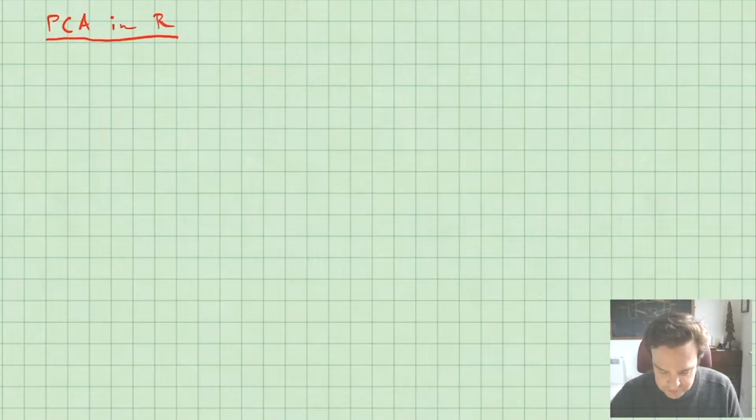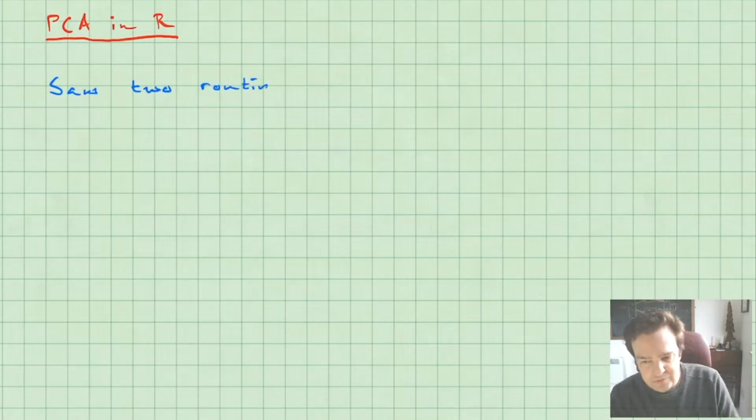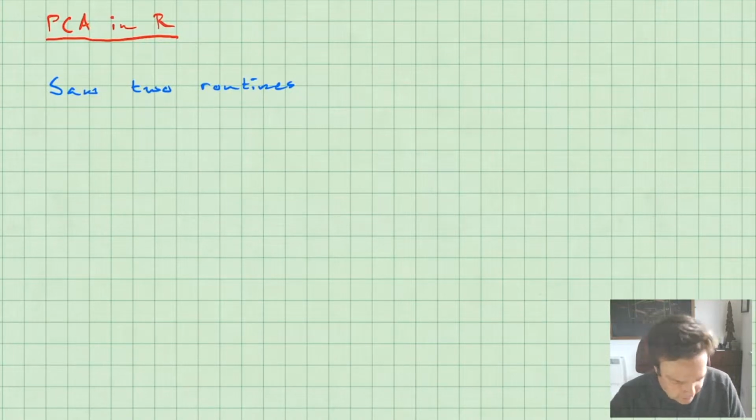Hopefully you remember from the last lecture, we actually saw two routines for doing principal component analysis in R. And I wanted to say something about the difference between the two in this lecture. In a way, this lecture is really about the advantages of one of them.